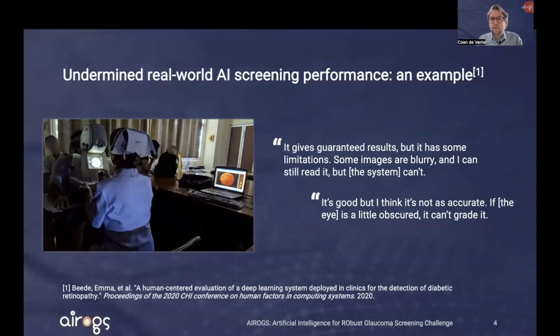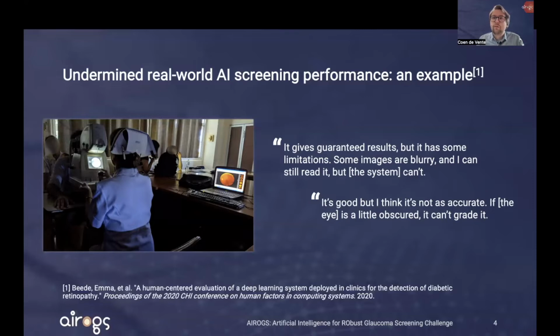Moreover, image quality varied highly across locations, settings, and the experience of the operator. And so in real world settings, different types of image quality can be expected depending on where and by whom an image is taken.